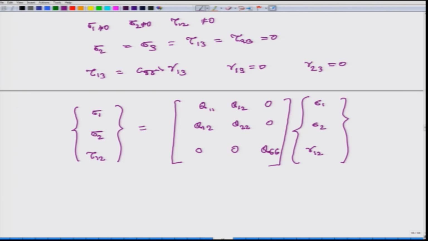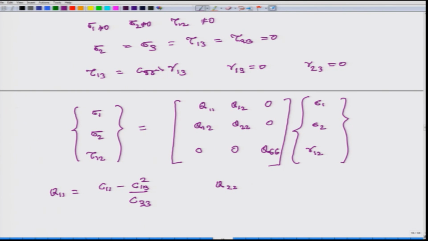And what are these values? So, Q 1 1 is equal to C 1 1 minus C 1 3 square by C 3 3. If you do the mathematics, you will actually get these relations.